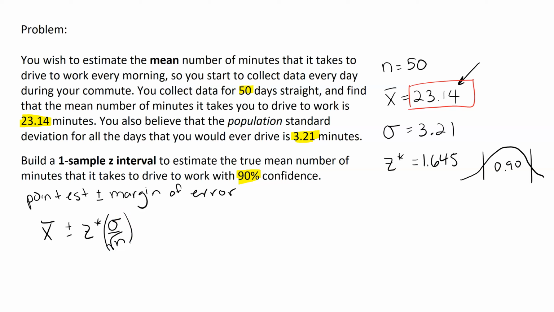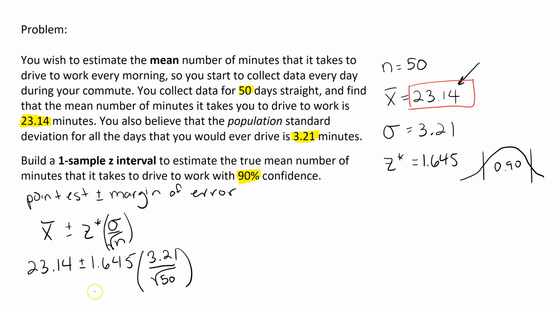So we'll just plug all of our information into here. Our point estimate is 23.14. And we have our Z star of 1.645. And since the standard error is going to be the population standard deviation divided by the square root of n, we can put those two pieces of numbers in there. And let's see what we get.